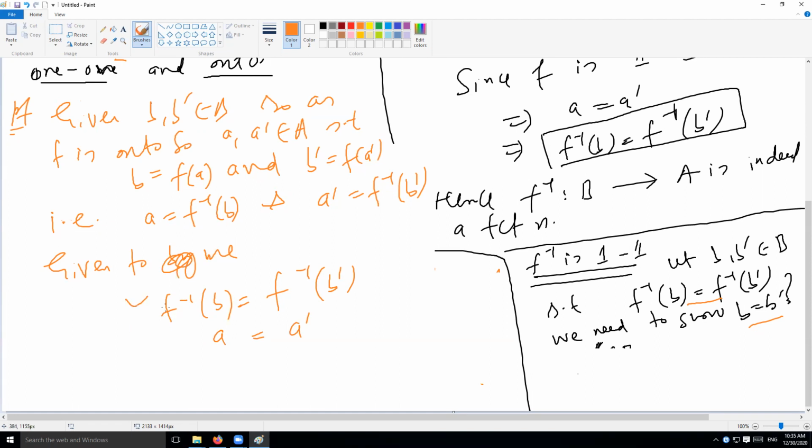Since this is equal, then these two must also be equal. And if these two are equal, then F of A must be equal to F of A prime. Can someone tell me why?